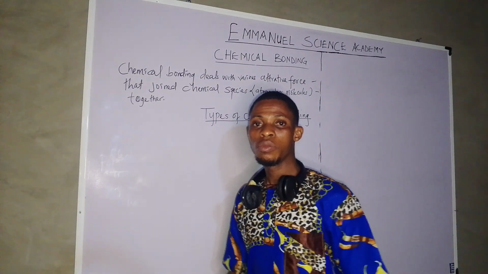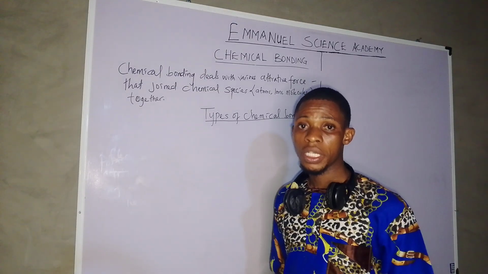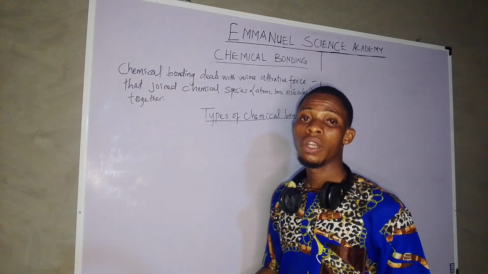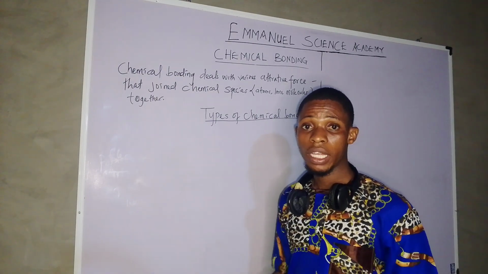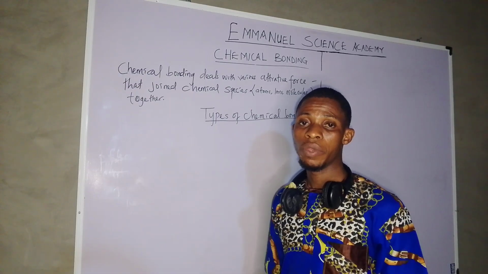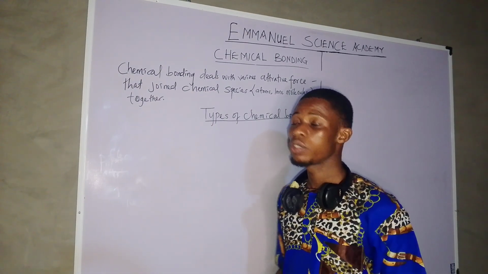There are two most common types of chemical bonding, which are electrovalent or ionic bonding, and covalent bonding. There are more than these: we have hydrogen bonds, and we have metallic bonds as well.